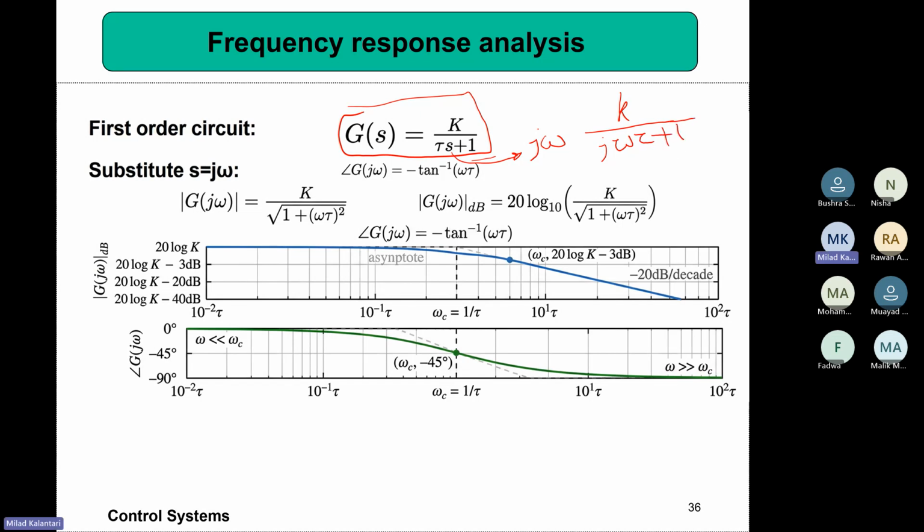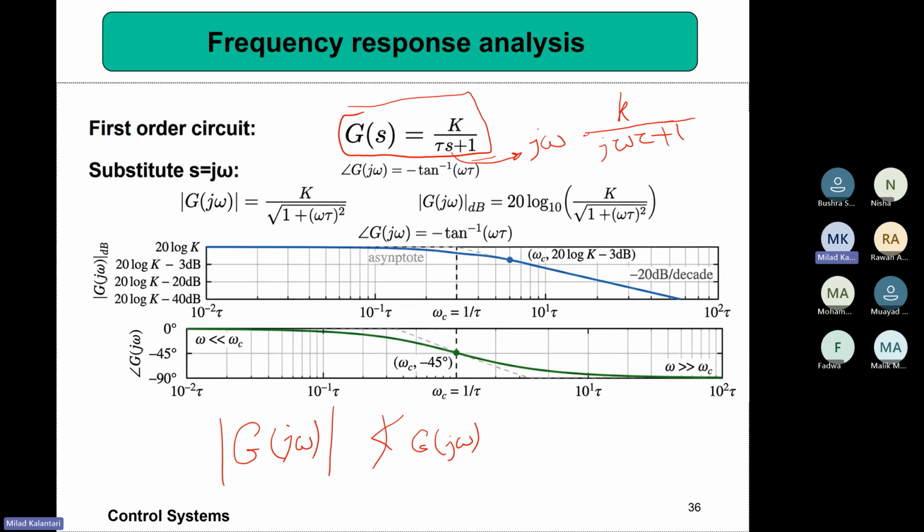And this will actually modify the amplitude of the input and the phase of the input to the output, right? Then G of j omega basically has some amplitude and some phase, right? The phase of G will add to the phase of the input, and the amplitude is just multiplied by the amplitude of the input, right?